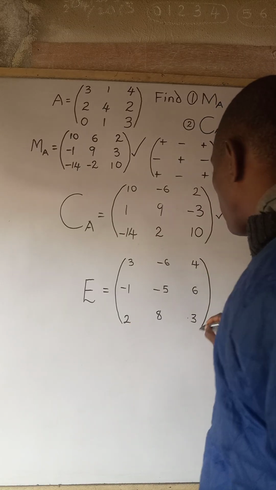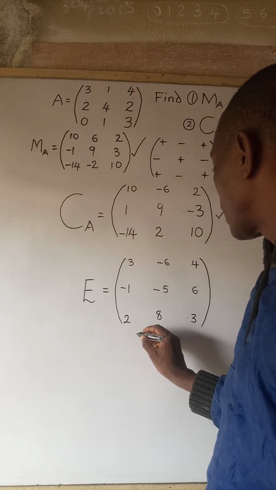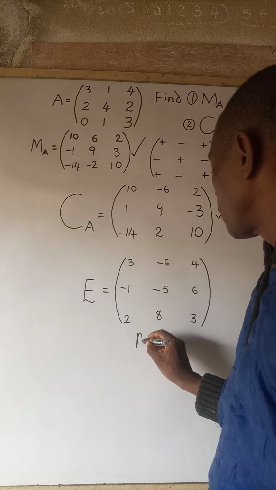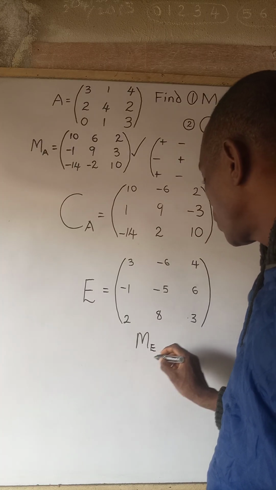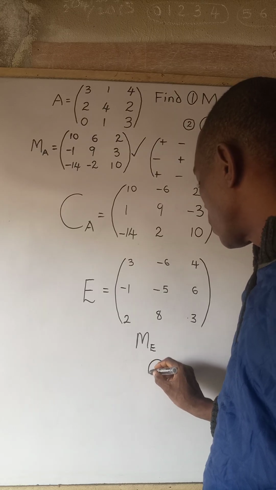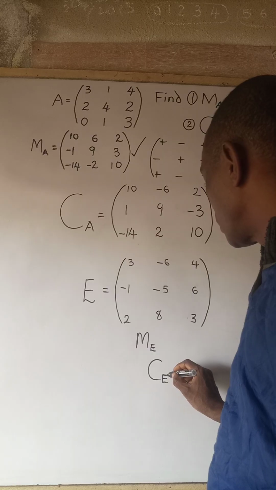Now use this to practice our talking point. Let's assume that they ask you to find the minor, okay? This is the first question. And the second one is the cofactor. So attempt it.